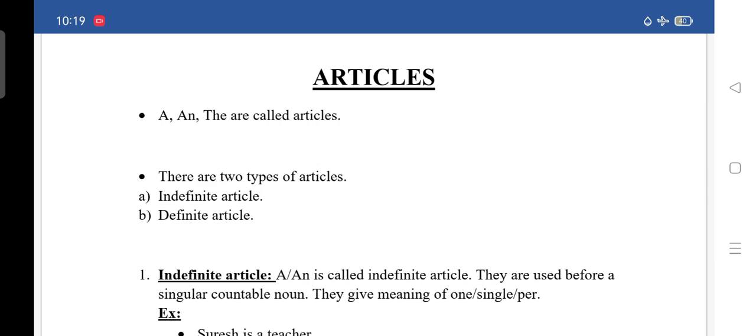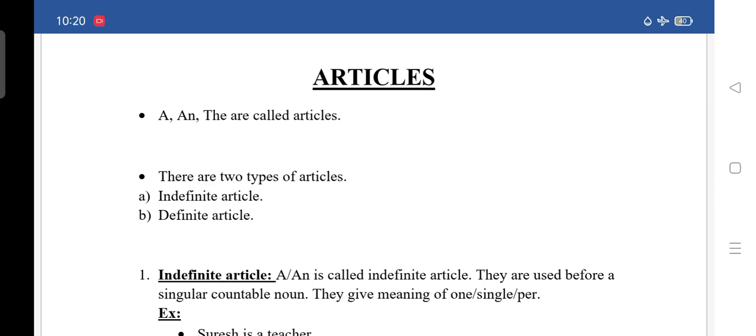How is the student? He is intelligent. So before that, you all know what vowels are: A, E, I, O, U. If the word is starting with a vowel, then we will be using an. Yes or no? So that's why I am using an here. He is an intelligent student.